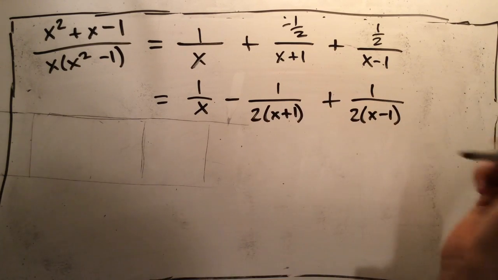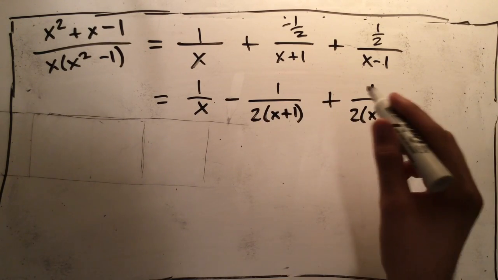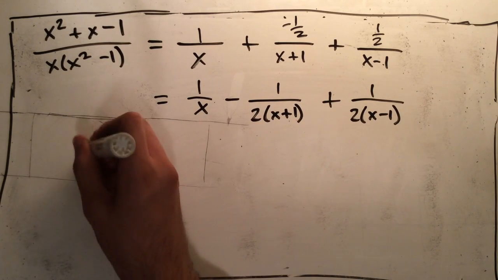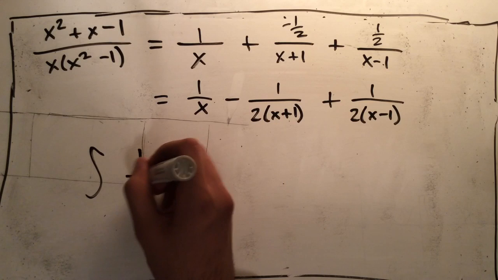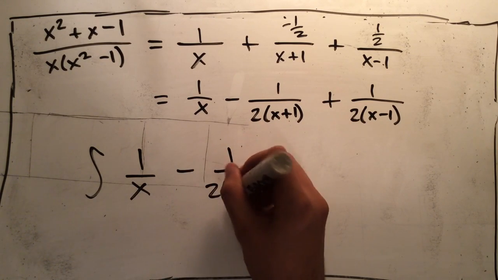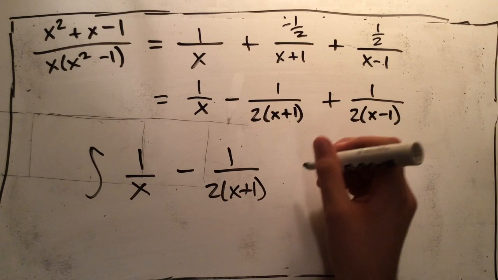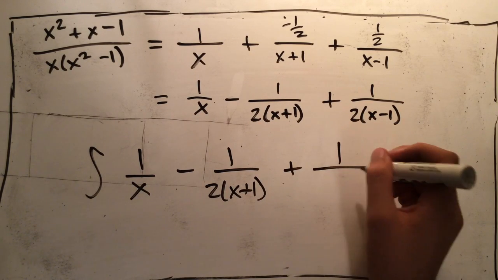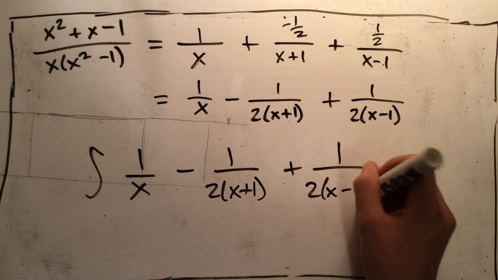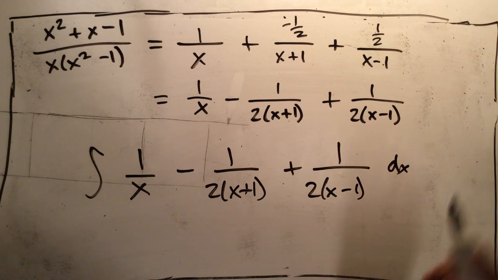And this is our new split fraction that we can perform an integral on. And this would be our integral problem, 1 over x minus 1 over 2 times x plus 1, plus 1 over 2 times x minus 1, dx.